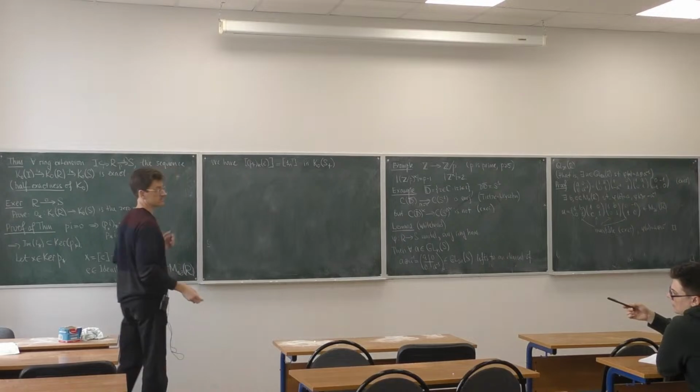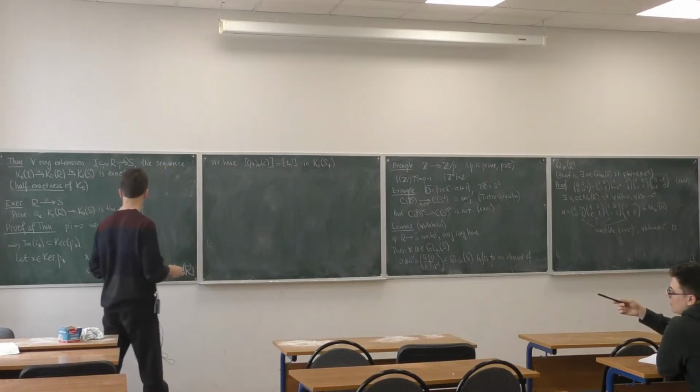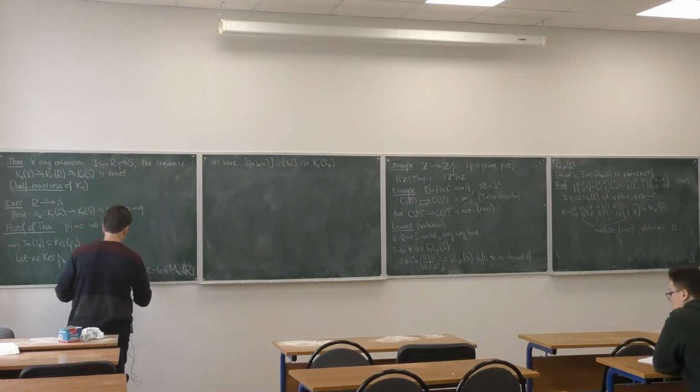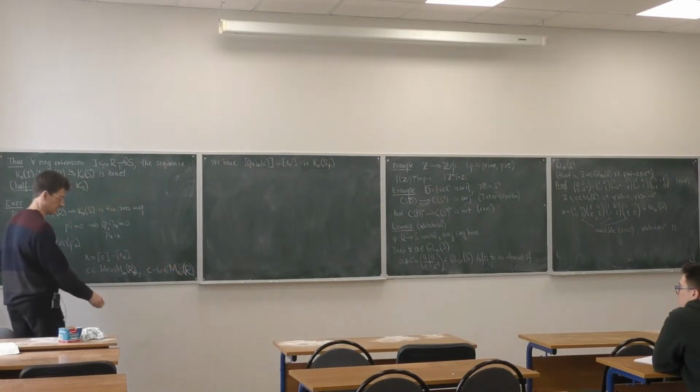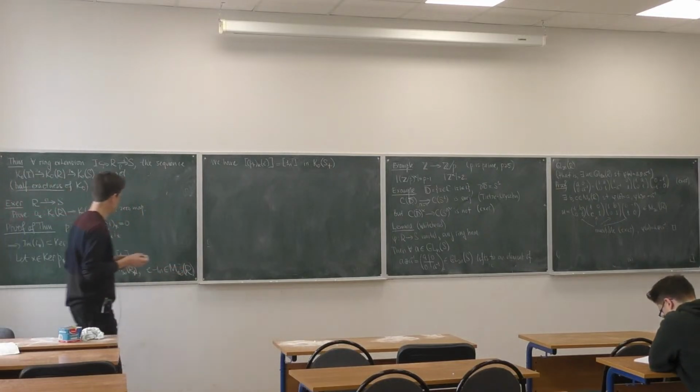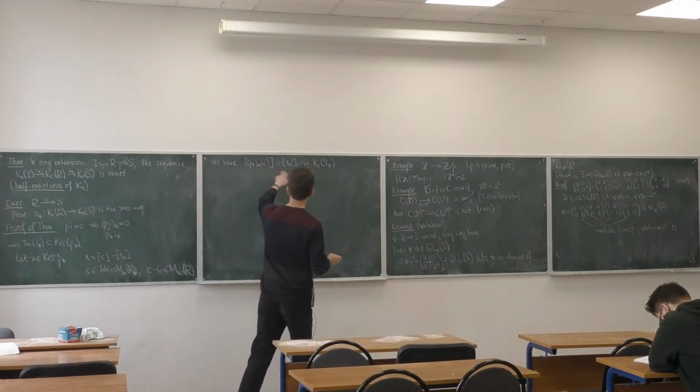E is an idempotent in M infinity of R plus, thank you, of course. It is in R plus, but the difference is in R. Okay, so these elements are the same.